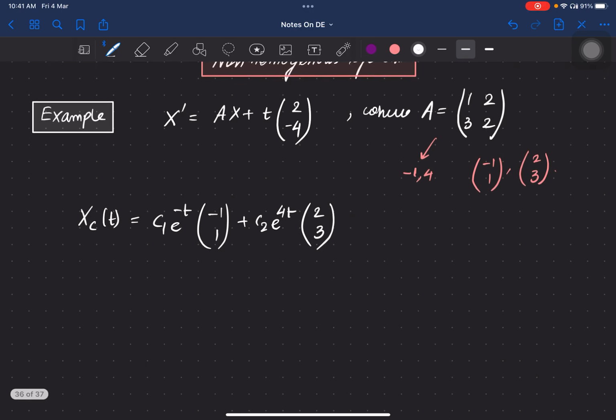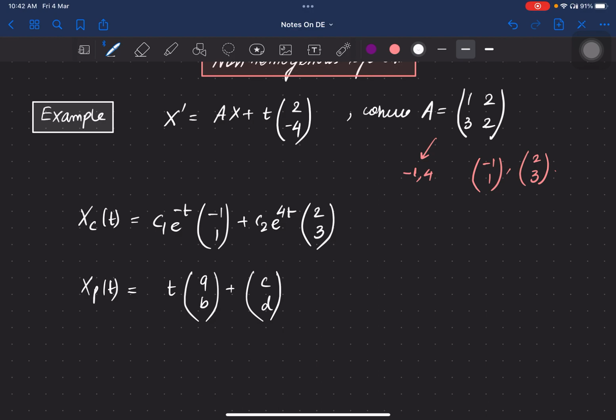Okay, so one can see that the non-homogeneous part consists of only polynomials, so it does not involve any e to the power something, e to the power minus t or 4t. So we'll use the usual guess. For xp(t), we guess that it's t(a, b) plus (c, d). This is a guess for a polynomial of order one.